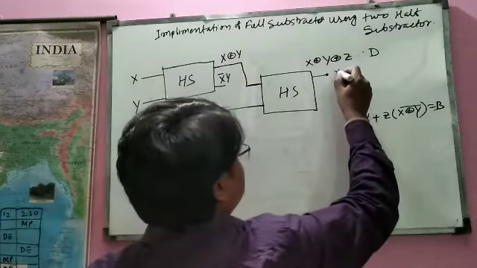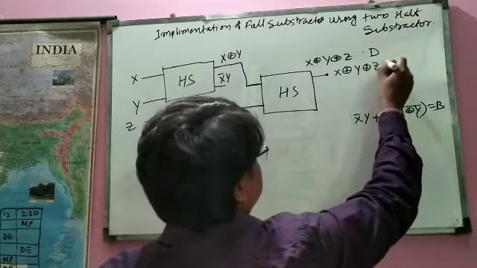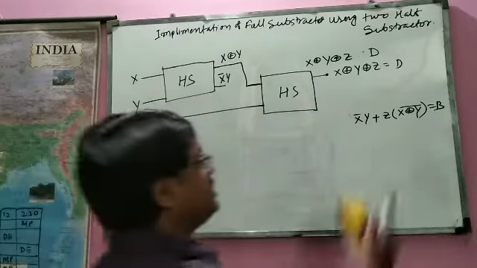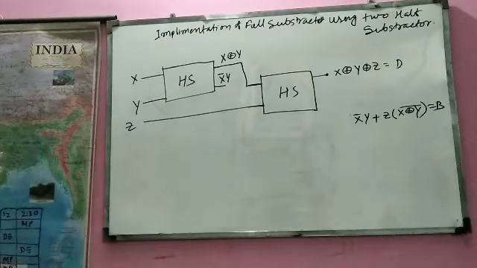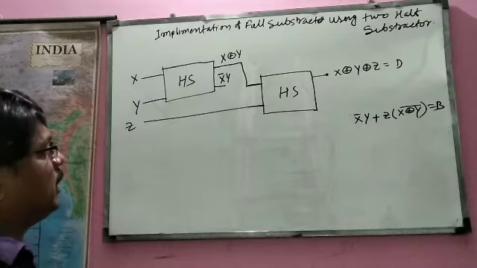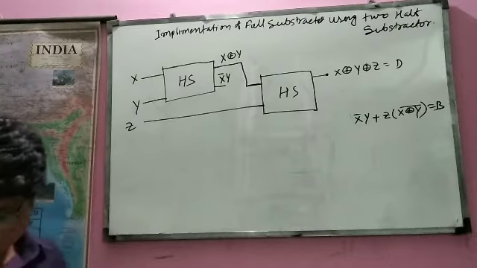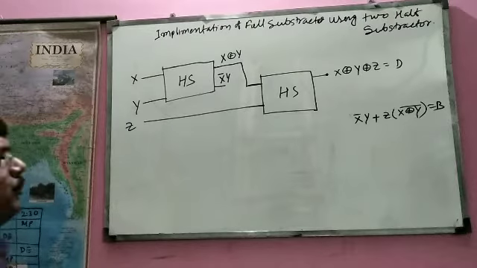This value, x XOR y XOR z. So that is very simple. Okay, so D is achieved now, but now we have to work for the borrow. Okay, so how can we get the borrow?